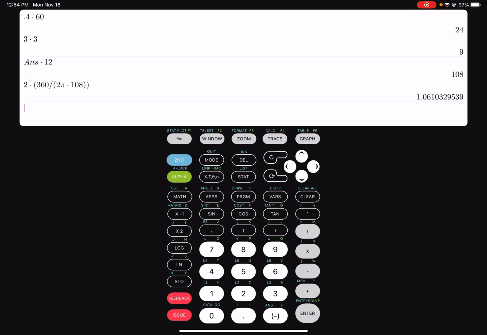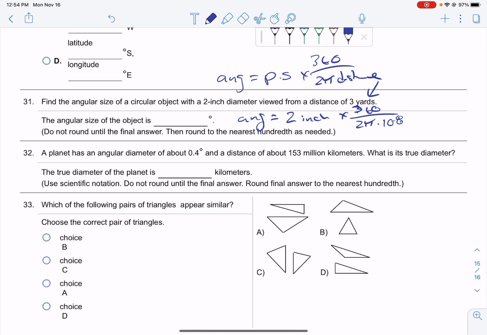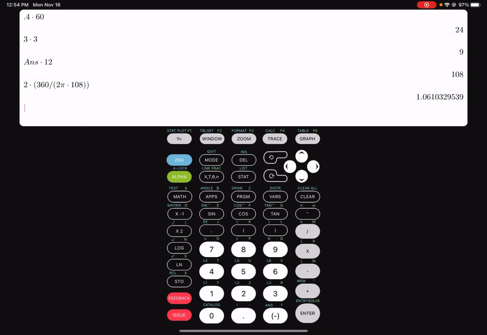So the angular size is 1.06, rounded to the nearest hundredth. Is that our nearest hundredth? 1.061, yeah.